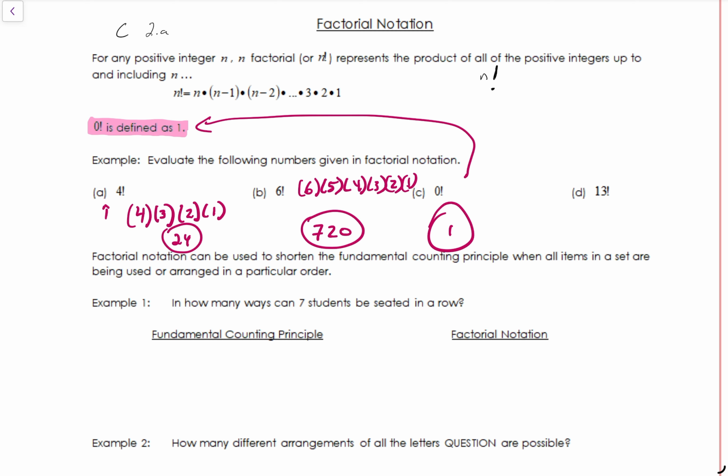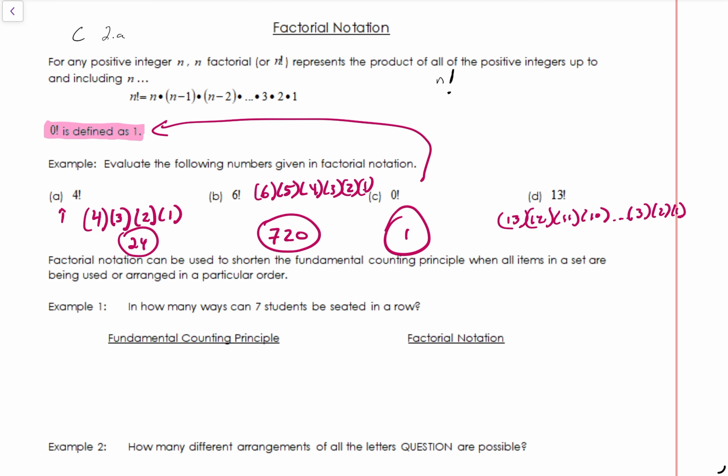Now, 13 factorial. Well, 13 factorial means 13 times 12 times 11 times 10. This is going to be a while. So naturally, that's what it means, by the way. Times 9, times 8, times 7, times 6, times 5, times 4, and then eventually you'll get down to 3, 2, 1.